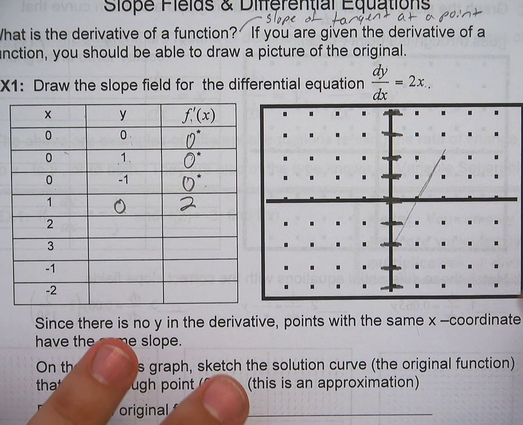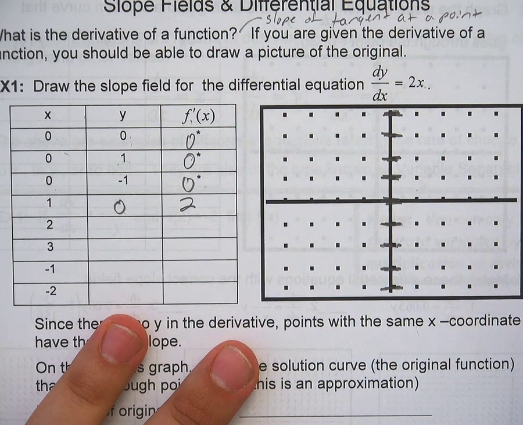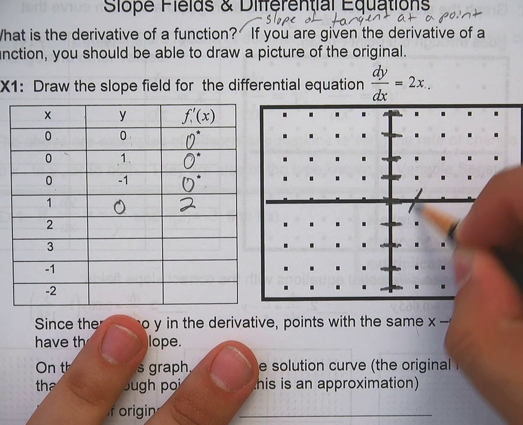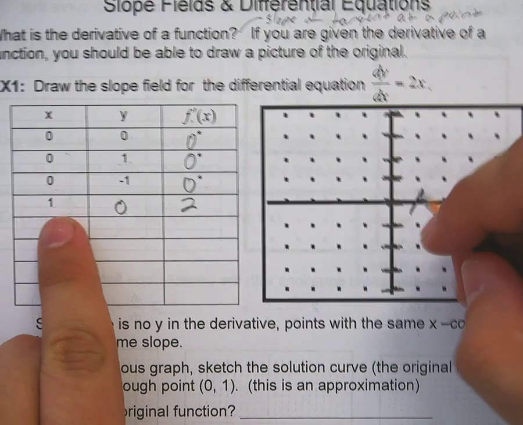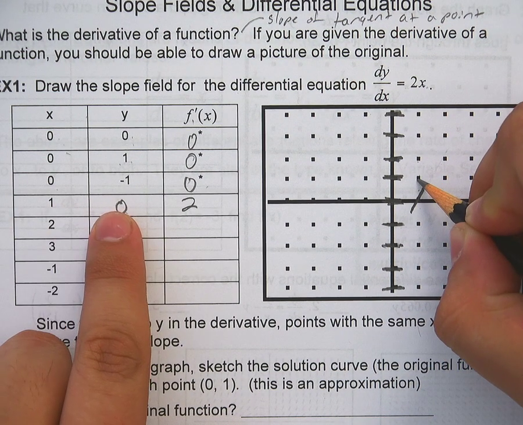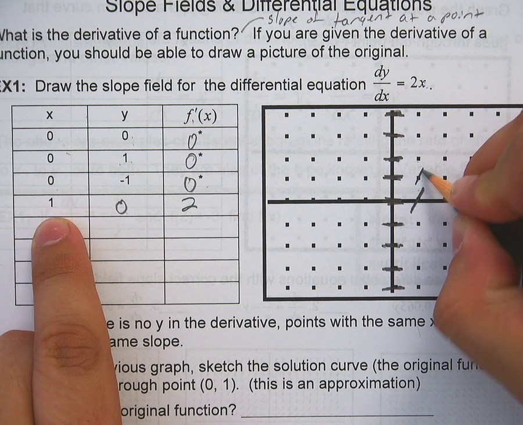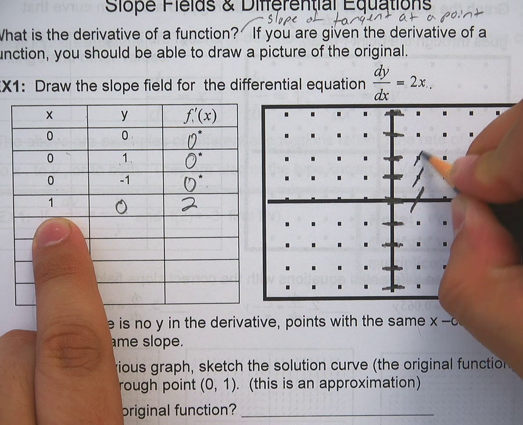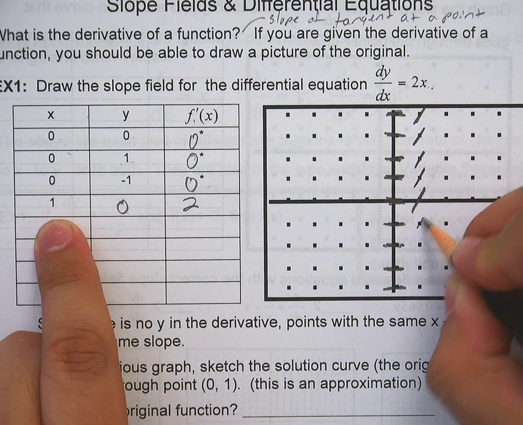But since this is a slope field, all I'm going to draw is a very small portion of that line at a slope of 2. And you can see that no matter what I plug in for y, if I go to (1, 1), I'm still plugging in a 1 for x, so my slope is still 2. What that means is that where x is 1, my slope will always be 2.